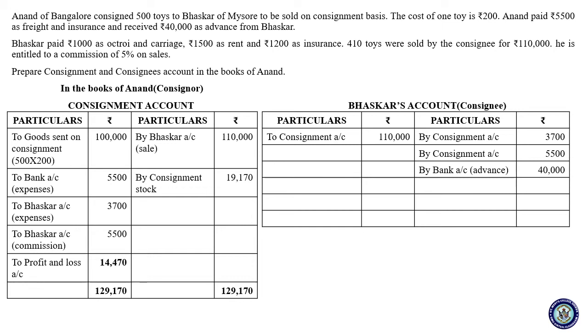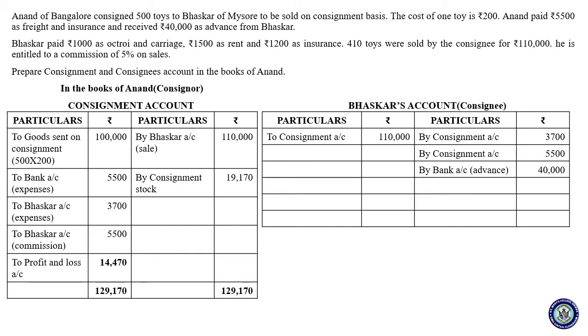So we are adjusting those expenses as well as commission. Instead of giving the entire amount to Anand and later collecting the cash from Anand for commission or expenses, it is better to adjust the amount, which should be adjusted by the consignee for incurring the expenses, and the remaining amount we can remit or transfer to Anand. That is the easiest way.